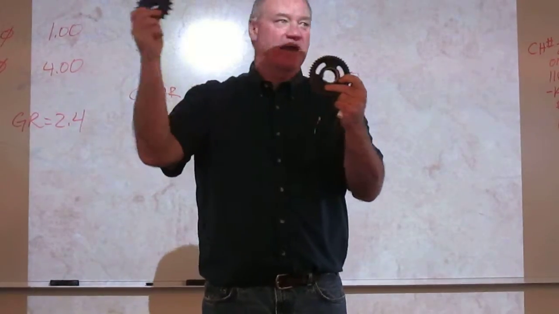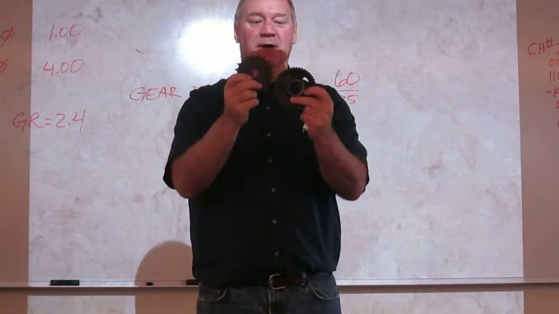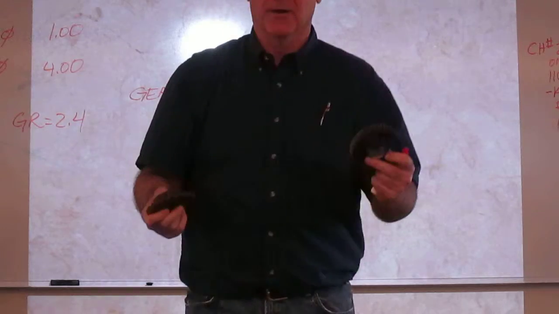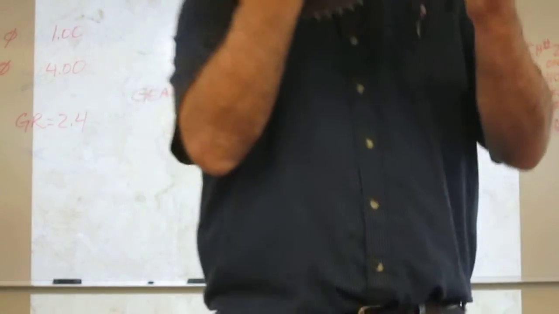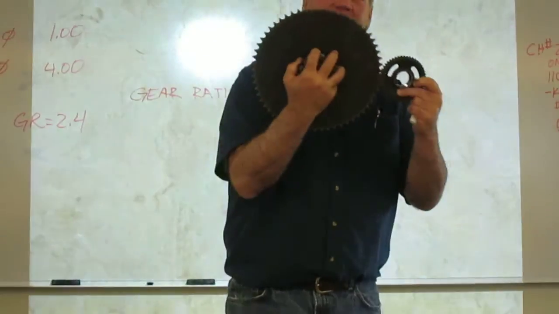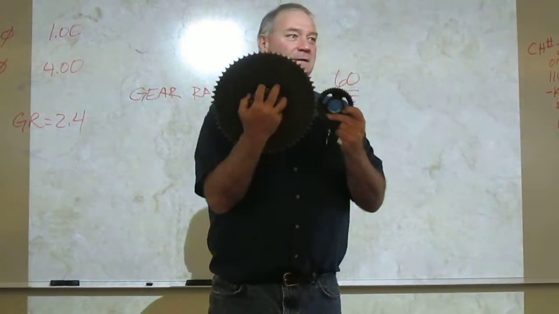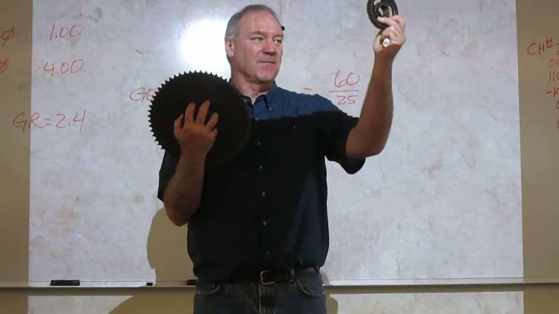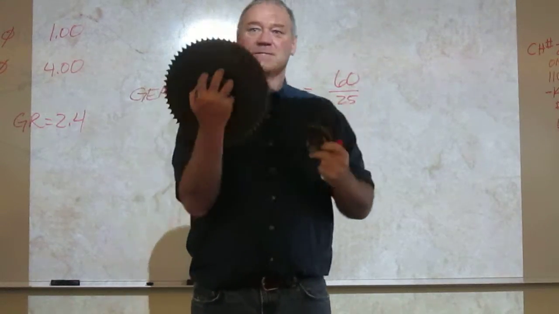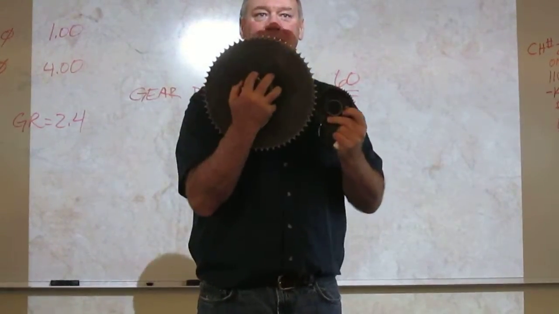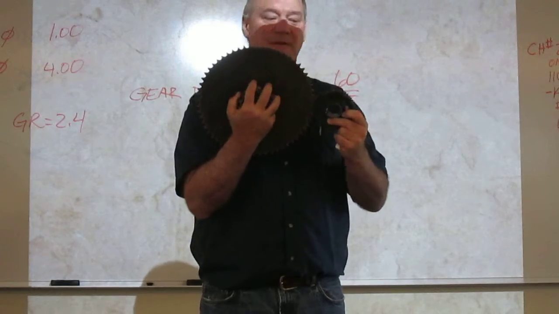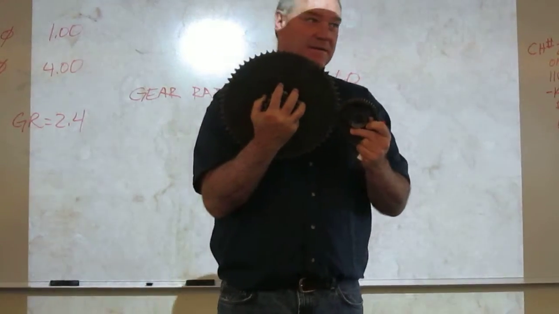If I make one a big one, I'm going to match this up this way. The teeth got to match, so this has a certain ratio of teeth per diameter. This will have the exact same ratio. I can do it on diameter of the gear. This is the addendum diameter.